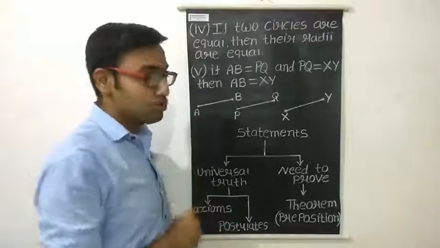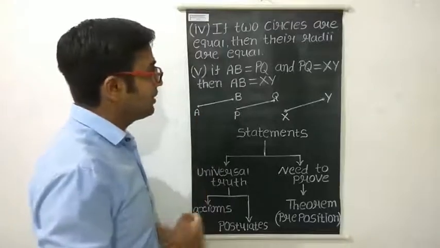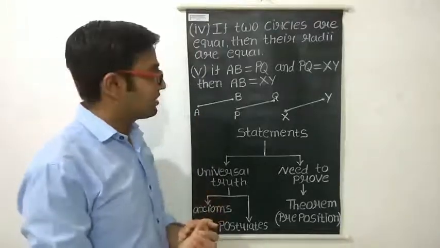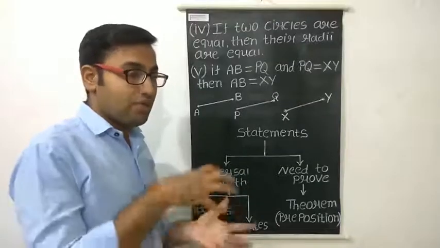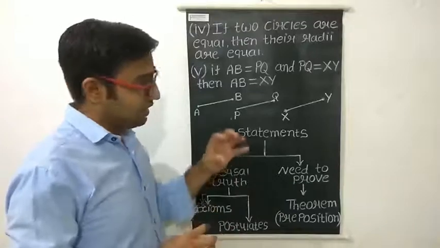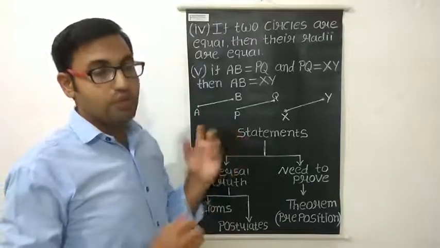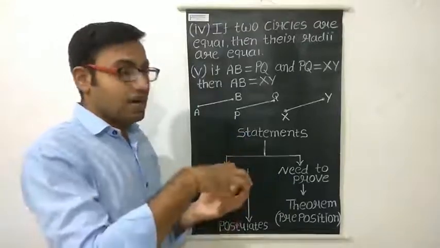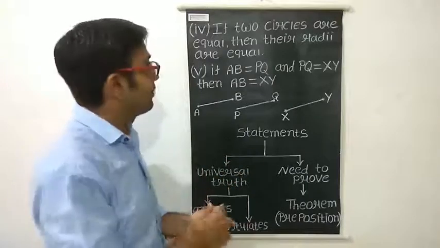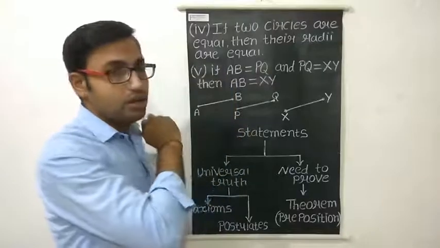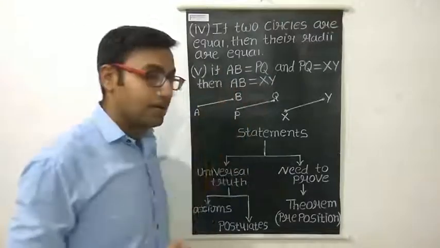Yes, this statement is true. I have already said in the postulates that whenever two things coincide with each other, then both are equal. Like if we take two 1 rupee coins, then both coins coincide with each other because the radii are equal.